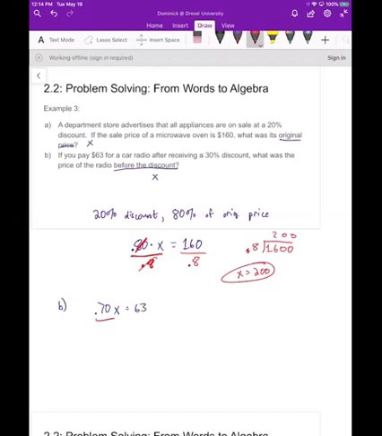In this case, we can divide by 0.7. If we take 63 and divide it by 0.7, we get 90. I actually could have done that in my head, but that's okay. So the original price for that would be 90.